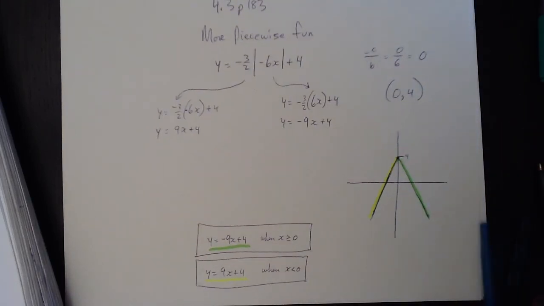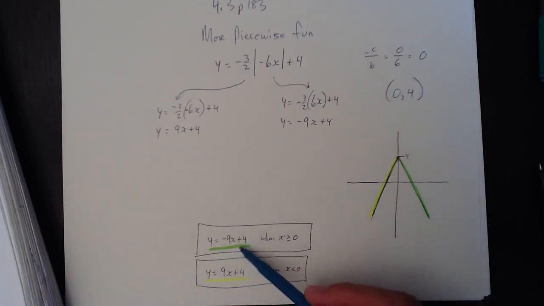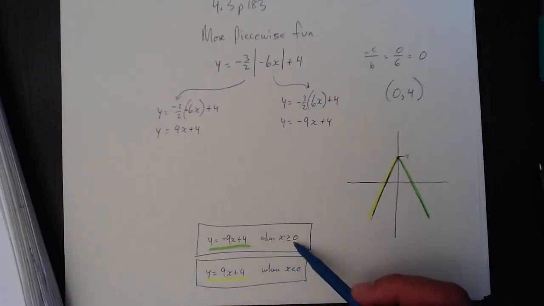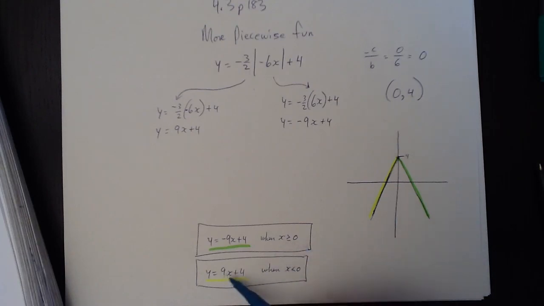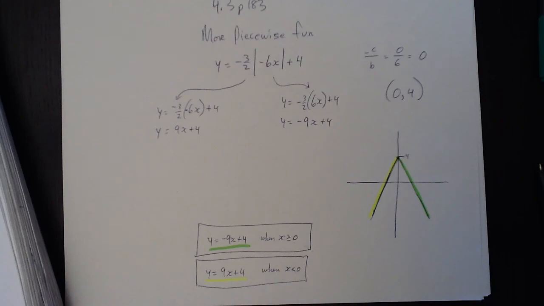The answer they'd be looking for in the book are these here. This is the function that describes it where x is greater than or equal to 0. This is the function when x is less than 0. This function also describes it, I think, when x equals 0. Yeah, actually they both do. I'll have to look that up.